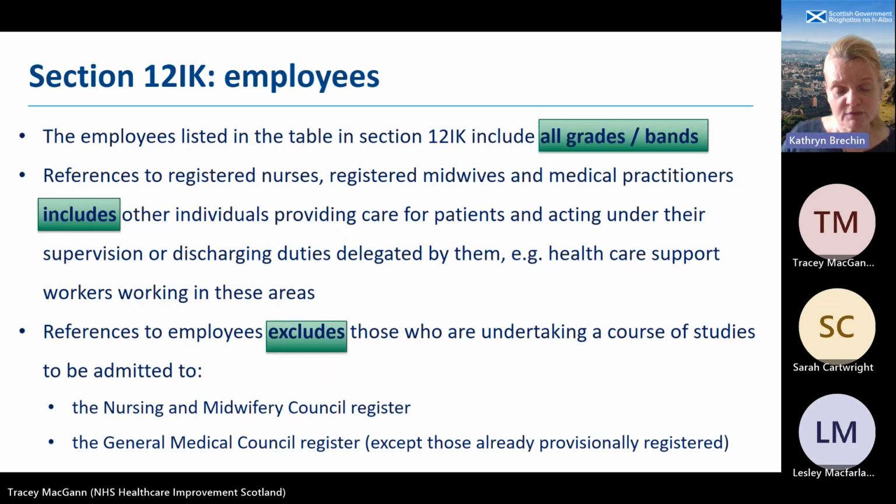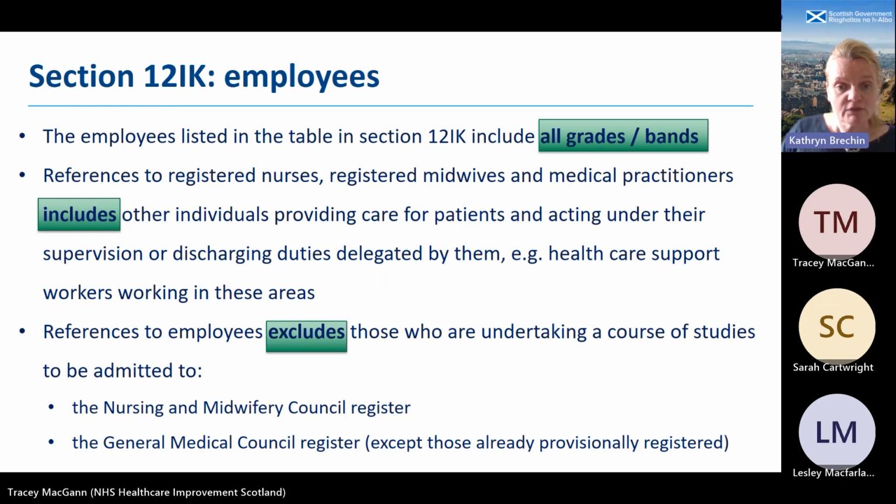So there are 3 types of employees listed in the table in section 12IK. So we have registered nurses, registered midwives and medical practitioners. This includes all grades and bands. Although only these 3 groups of staff are listed, Section 12IK also states that this includes any other individuals providing care for patients and acting under the supervision of or discharging duties delegated to them by the registered nurse, registered midwife or medical practitioner.